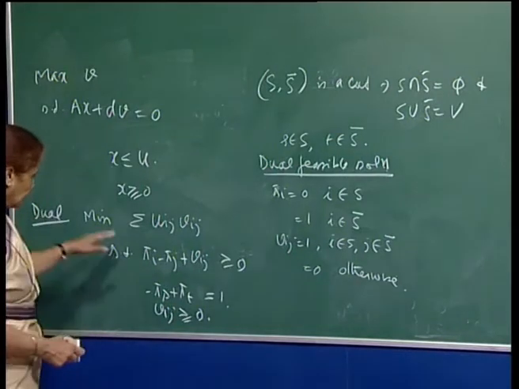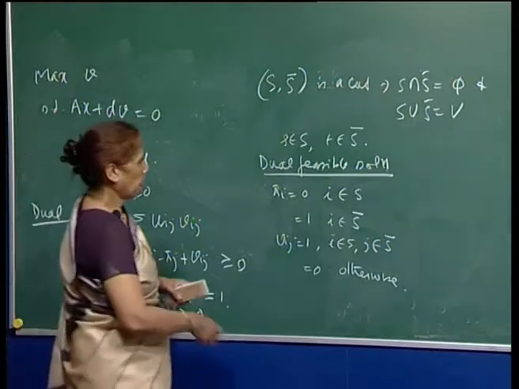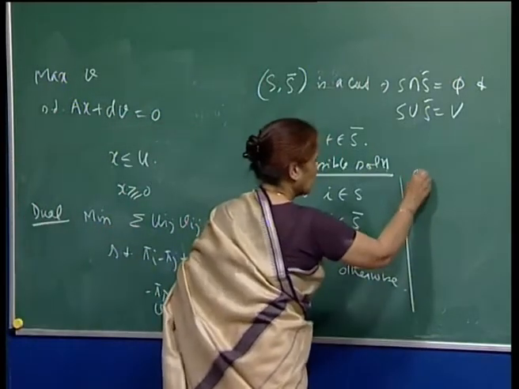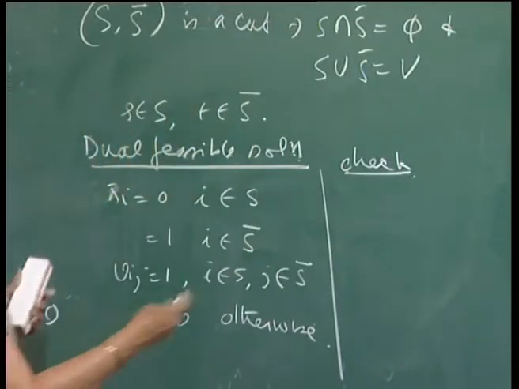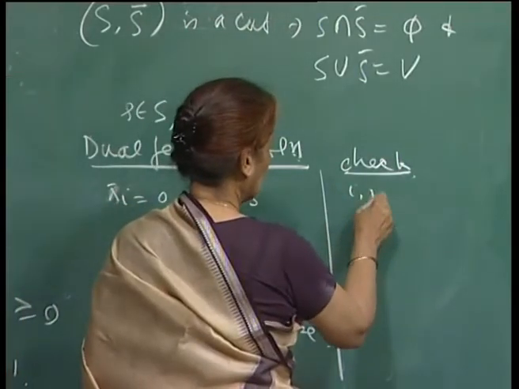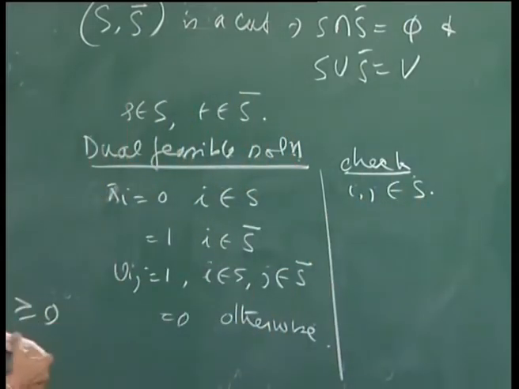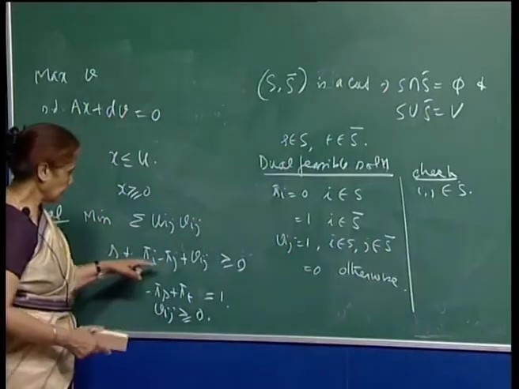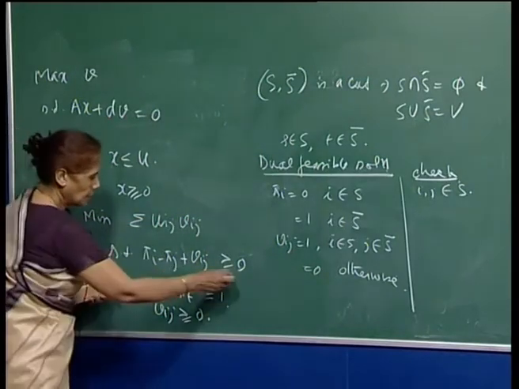Look at this dual, and I claim that this is a dual feasible solution. Why? These are your variables, so quickly check for feasibility. What are the possible situations? If i and j both belong to S, then pi i and pi j are both 0, and vij is 0, so this is satisfied.